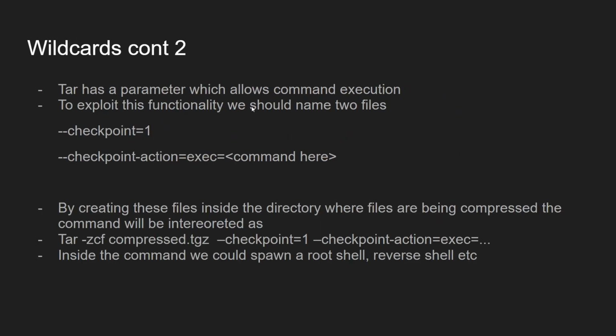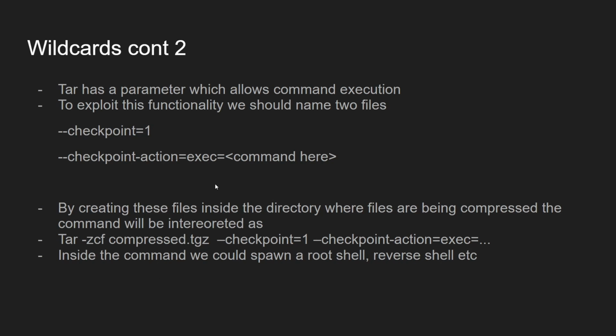tar has a parameter which allows command execution. To exploit its functionality, we should name two files, checkpoint=1 and checkpoint-action=exec, and the command we want to execute would be here, whether that be a file, could be a reverse shell, could be spawning another shell. As explained here, by creating these files inside the directory where the files are being compressed, the command will be interpreted as tar -zcf compressed checkpoint=1 checkpoint-action=exec.